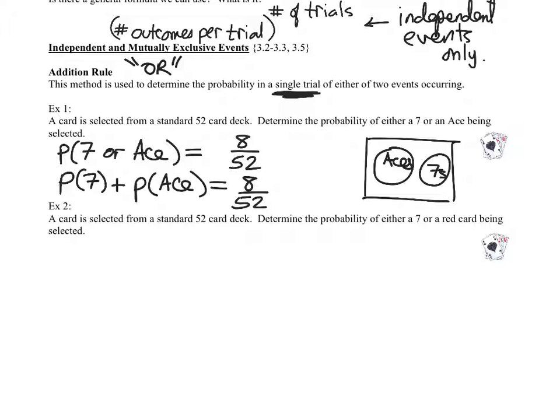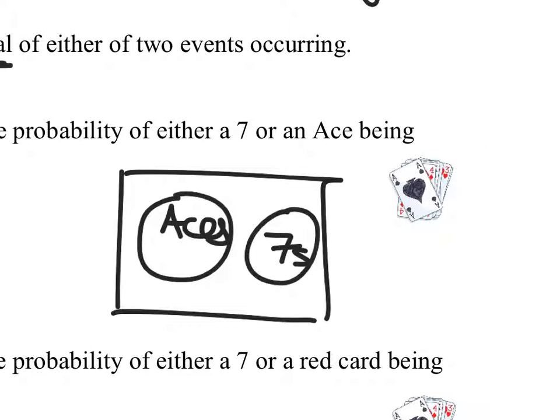Now, a proper Venn diagram can be kind of aggravating, because what you need to do is include all of the probabilities in your diagram. For aces, I would note that it's 4 out of 52. For sevens, I would also note that it's 4 out of 52.